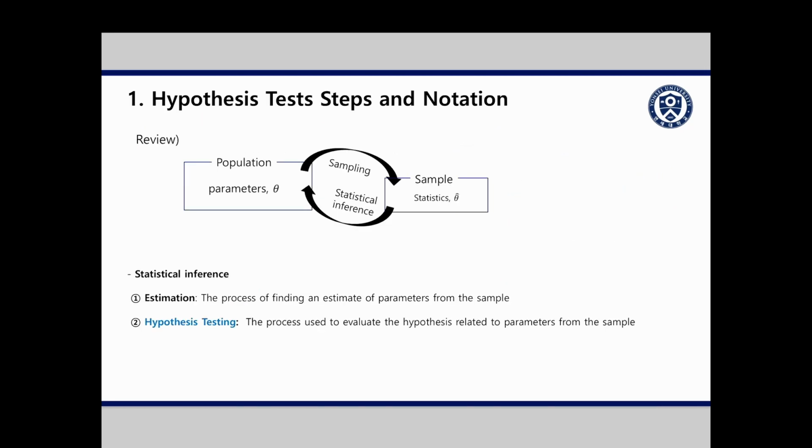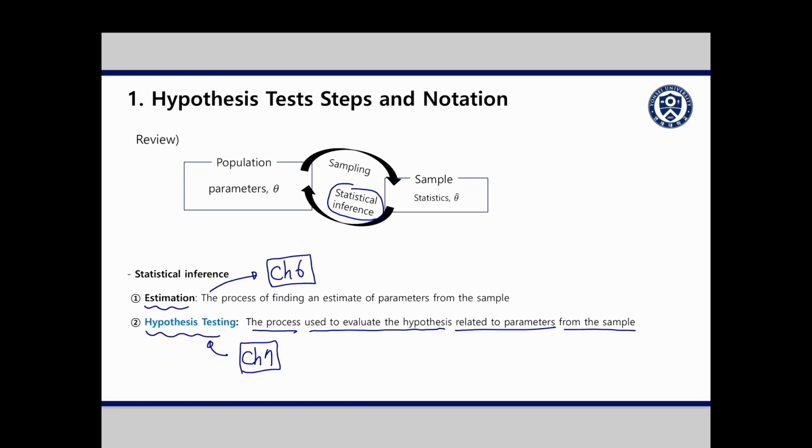As you know, statistical inference can be divided into two parts: estimation and hypothesis testing. Estimation was covered in the last chapter, chapter 6, and hypothesis testing will be covered in this chapter 7. Testing means the process used to evaluate a hypothesis related to parameters from the sample.